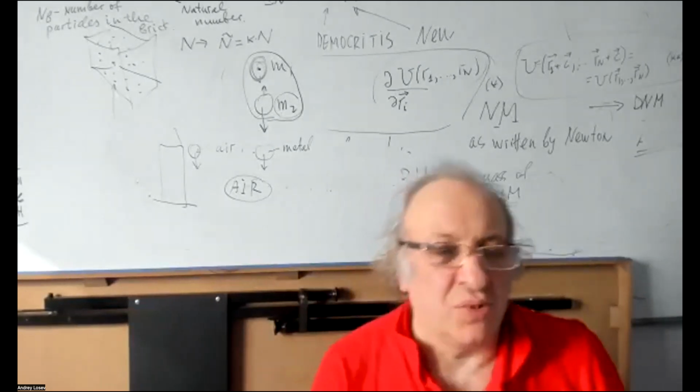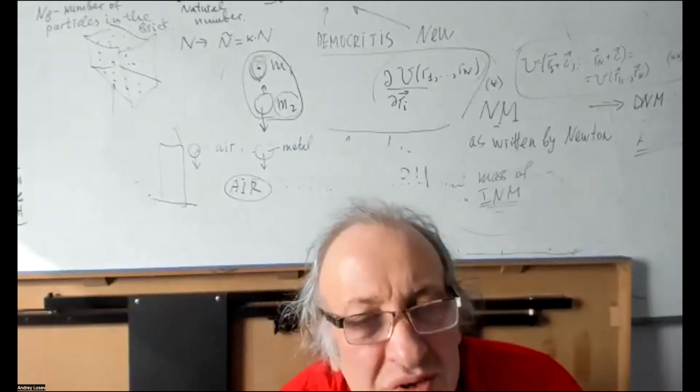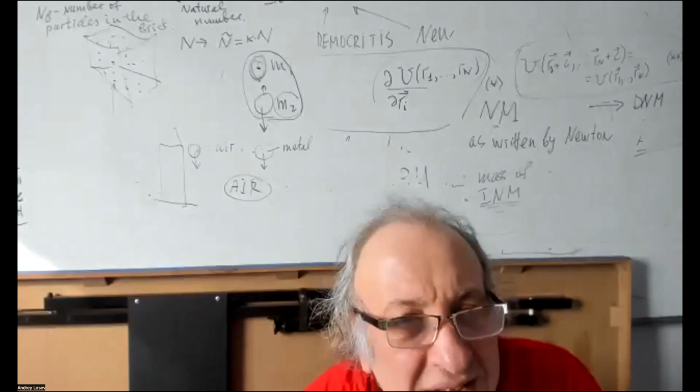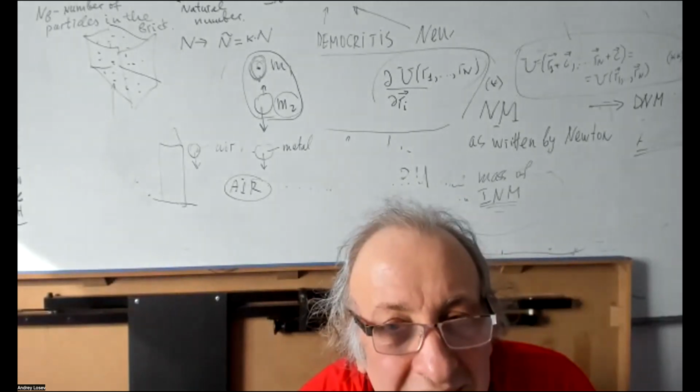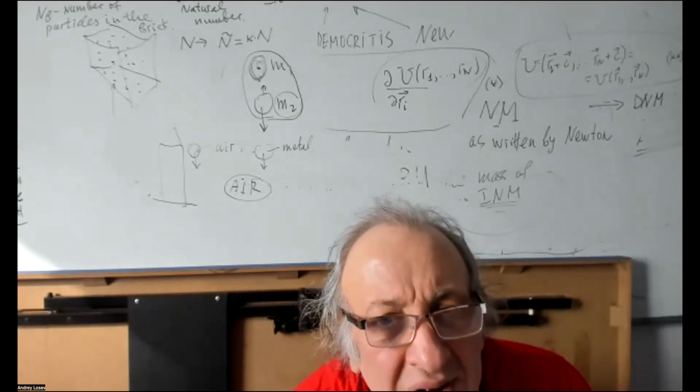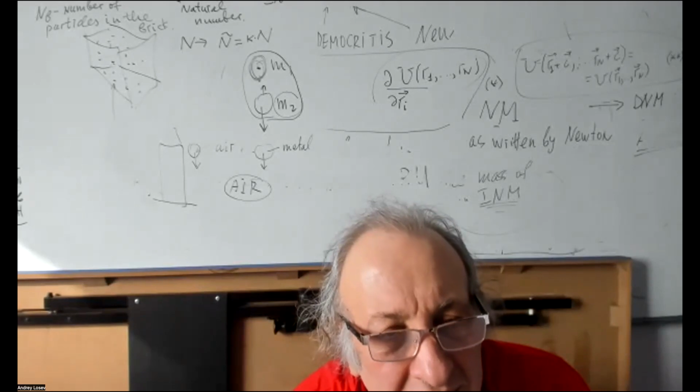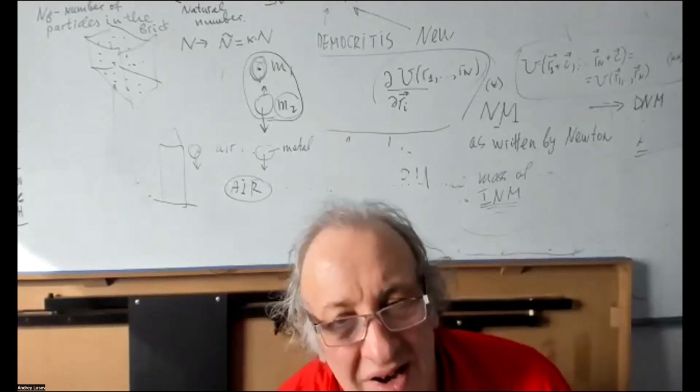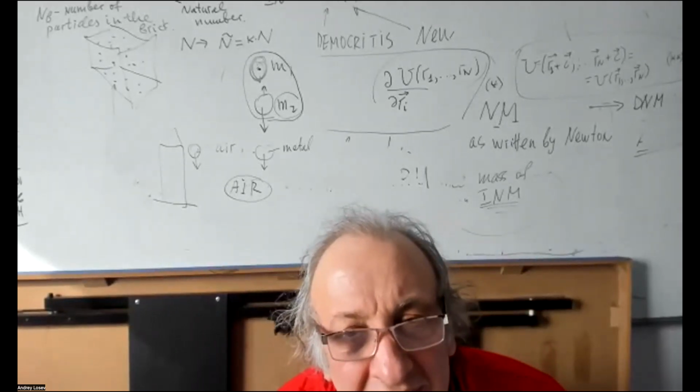Just throw a solid body in the air, and you will see how fancy its motion is. It doesn't have a constant angular speed if the body is not symmetric. And there is a deep reason for this. And we will come to this deep reason later on.